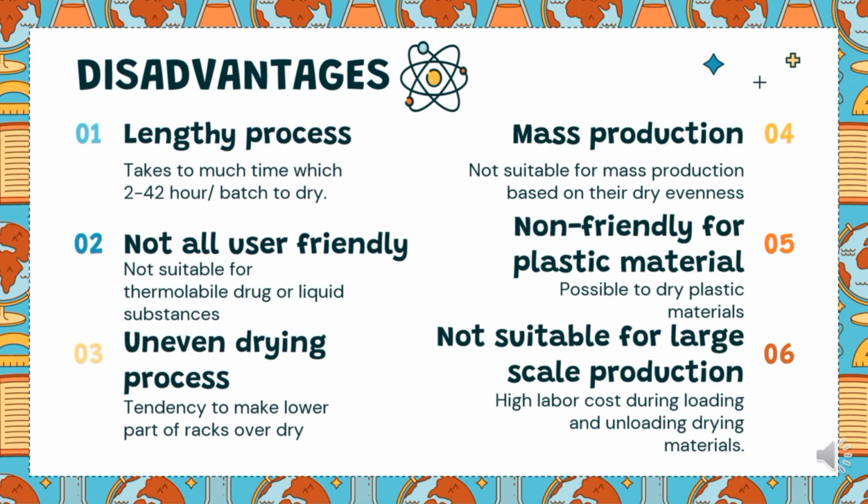Fourth, mass production is not suitable based on its dry unevenness. The fifth is that it is not friendly to plastic material. And lastly, it is not suitable for large-scale production because of high labor costs during loading and also unloading drying material.